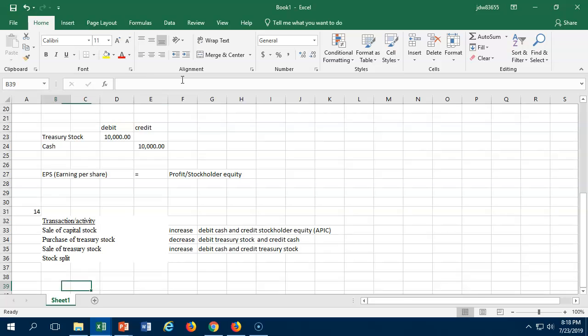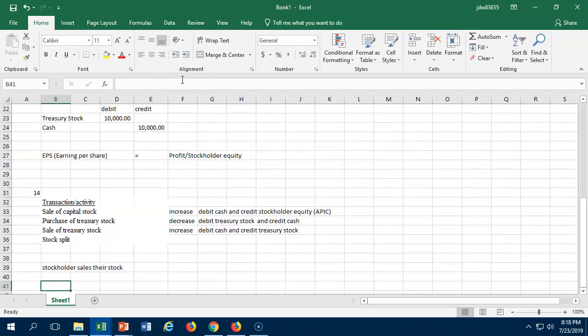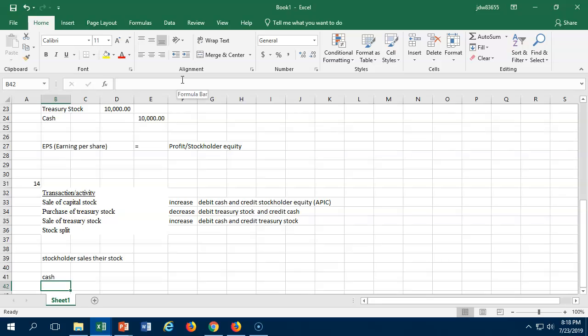So what I'm trying to explain is a stockholder sells their stock. What would that journal entry be? So that's them selling back their stock to the company. Just an increase in cash and a decrease in their stock. Let's think that through.